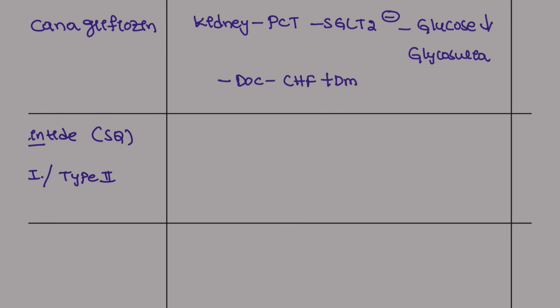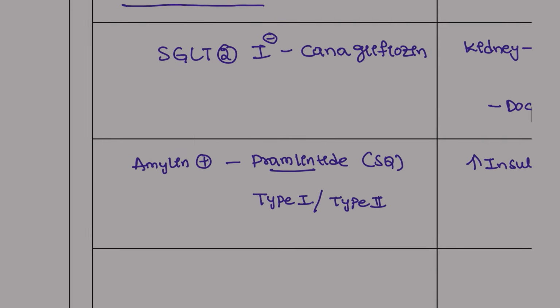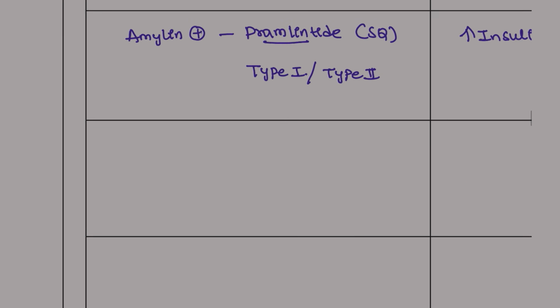Amylin is released from the same beta cell; insulin, C-peptide, and amylin are released together. So it will again increase insulin secretion in the body, decrease glucagon, and also decrease gastric emptying. Because it is associated with injection, it can cause hypoglycemia, but hypoglycemia is rarely seen in these patients.